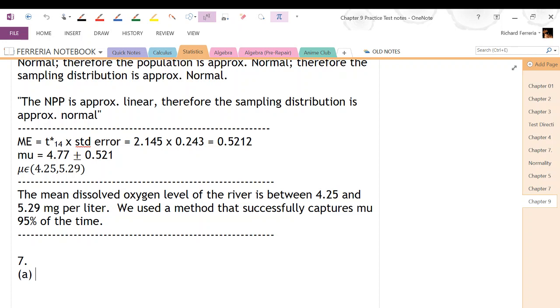D. Among 95% of the voters, between 61 and 67% favor term limits. No, the thing that makes that wrong is that among 95% of the voters. That's not really what confidence means. I mean, the best sounding one from these is B, but I'm not very happy with B either.